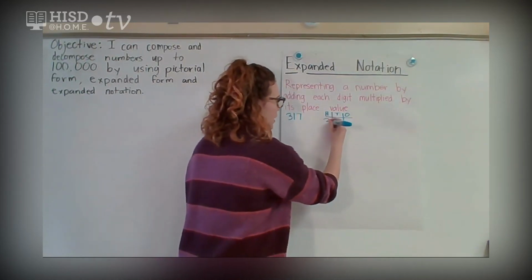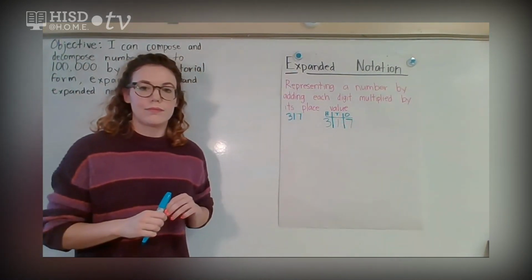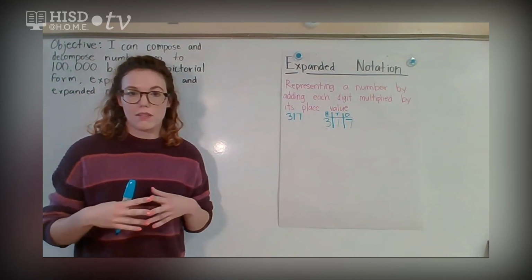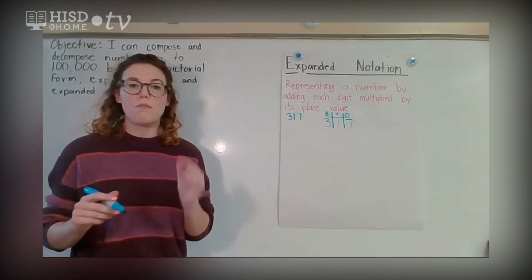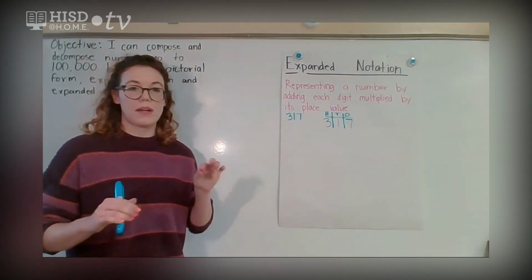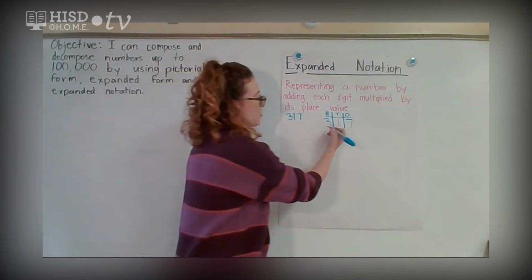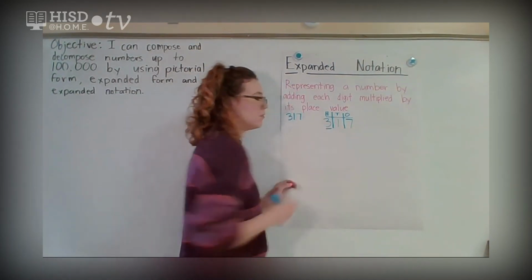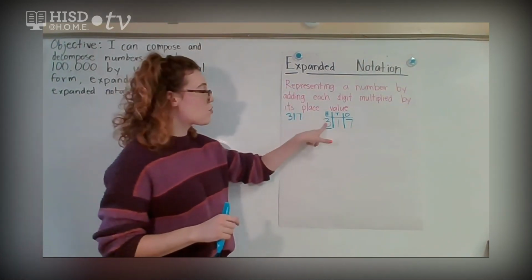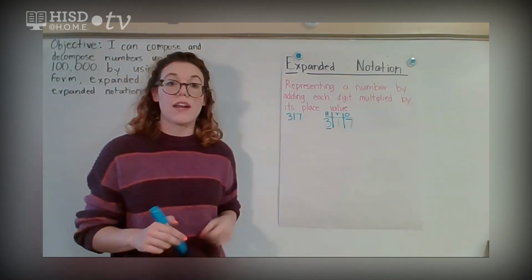I have 317. Now I'm going to break it apart, and I want to see how many of each place value I have. So I'm going to start with my hundreds. How many hundreds do I have? I have 3 100s, right? 100, 200, 300.